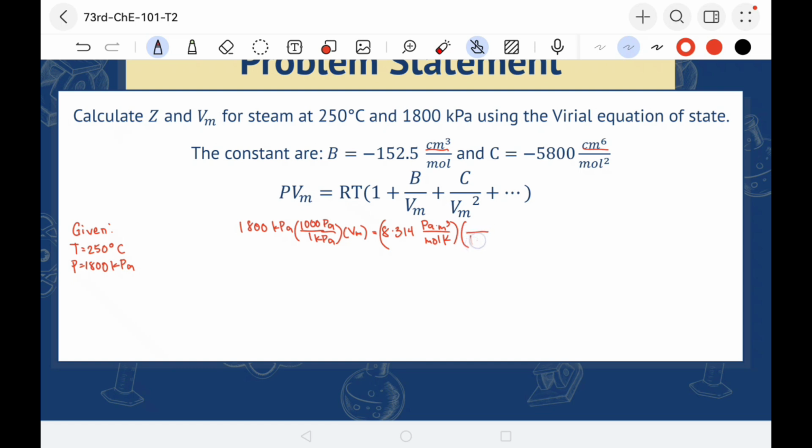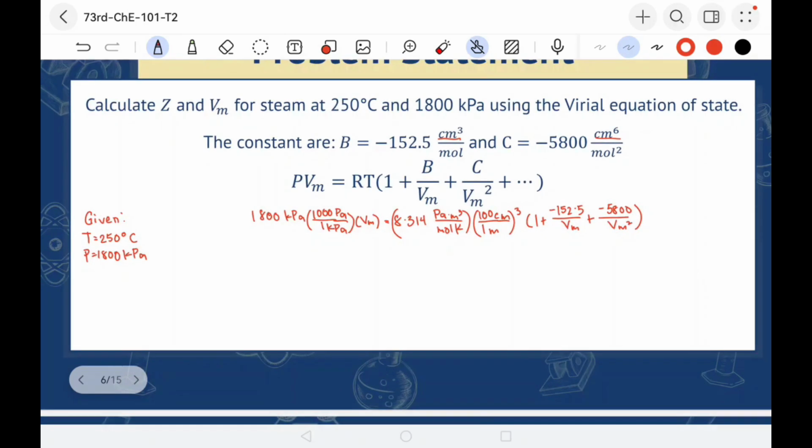So 1 meter over 100 cm, raised to the cube, cancels things out, times 1 plus B, which is negative 152.5 over Vm, plus C, negative 5,800 over Vm squared.